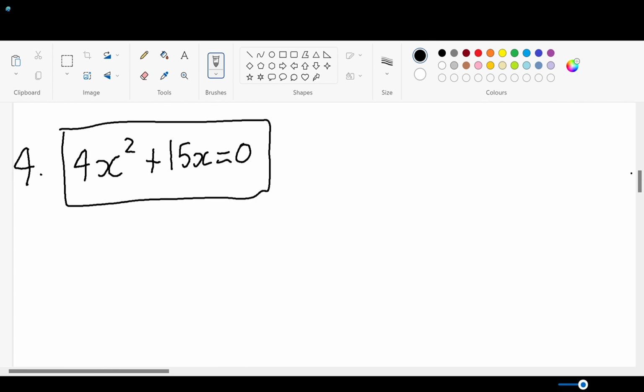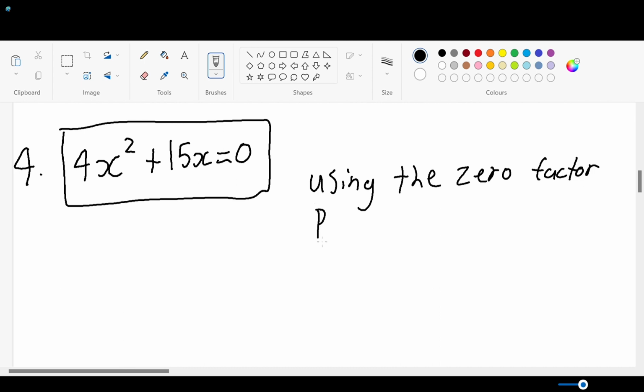Before you guys solve it, I want to write something down that will be really useful. We'll be using the zero factor principle.